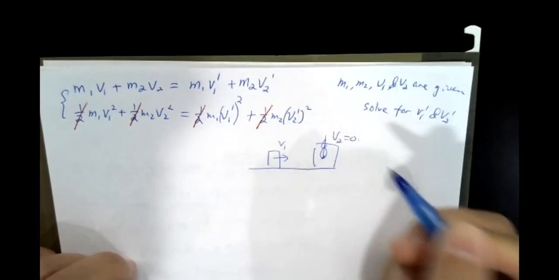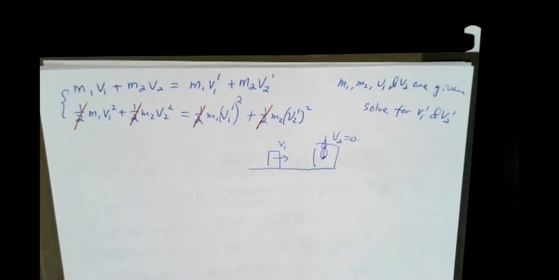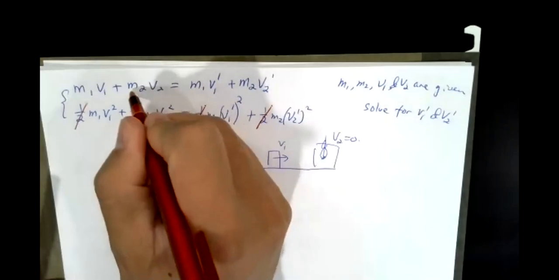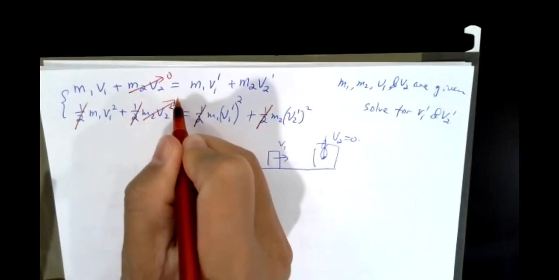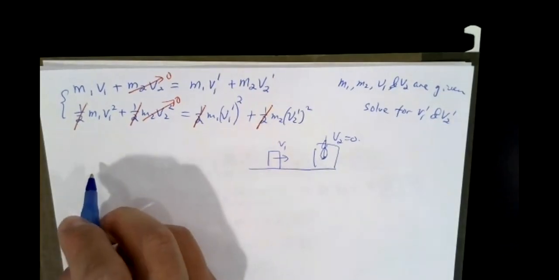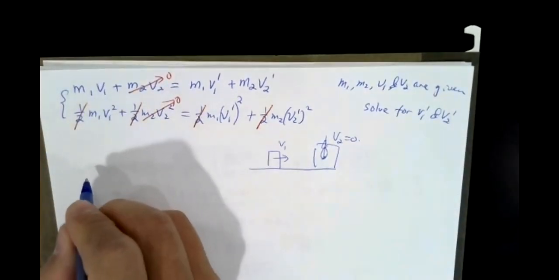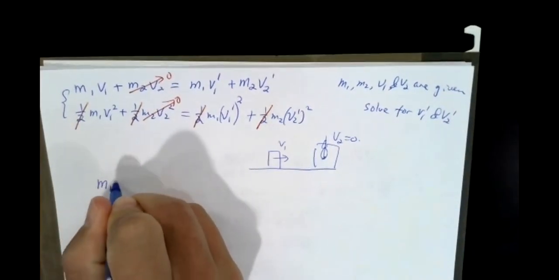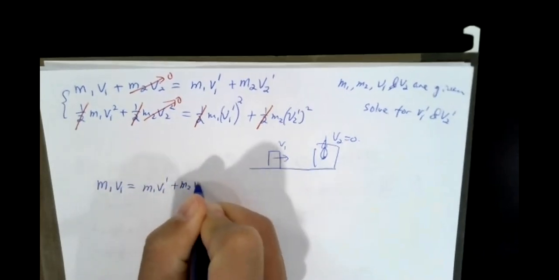So v2 is initially 0, and those terms become 0. Now we can rewrite these two equations with reduced terms. m1 v1 equals m1 v1 prime plus m2 v2 prime.